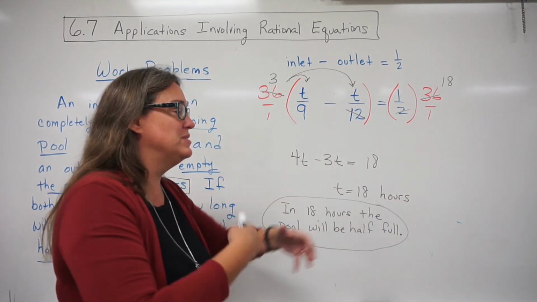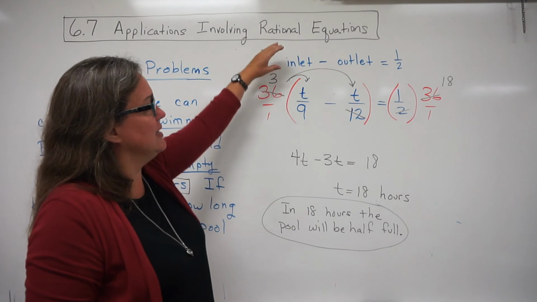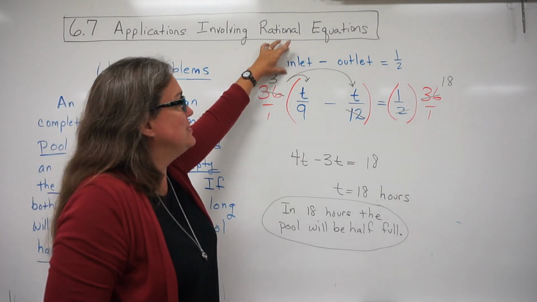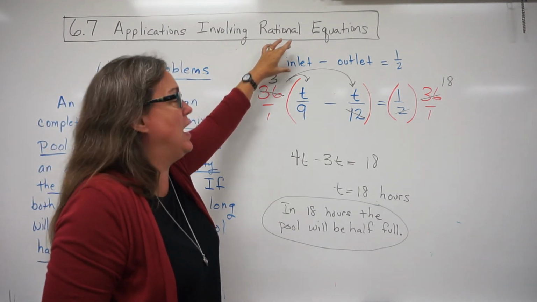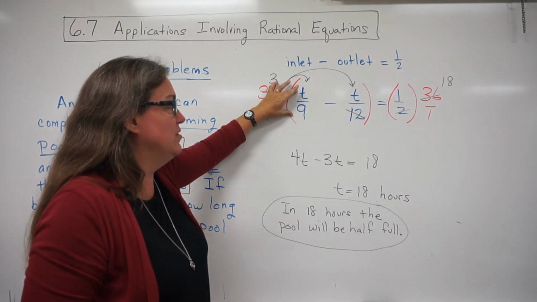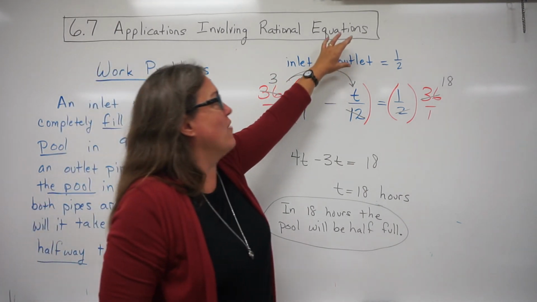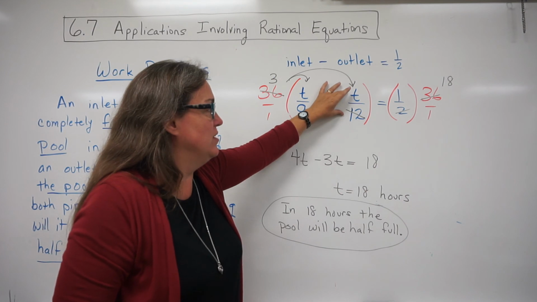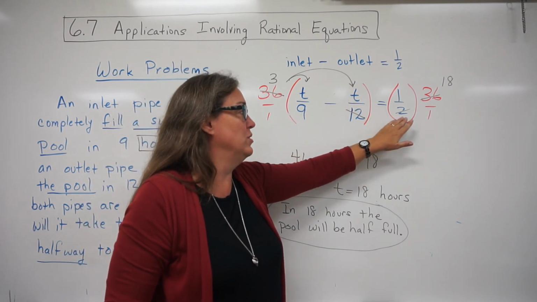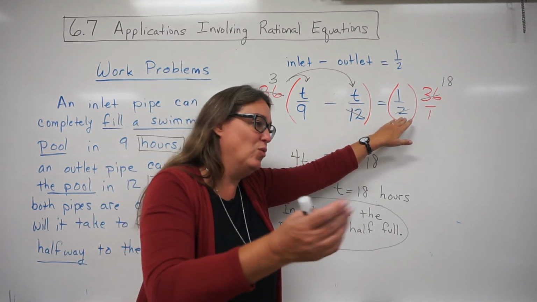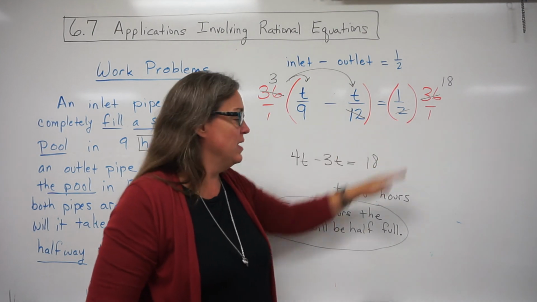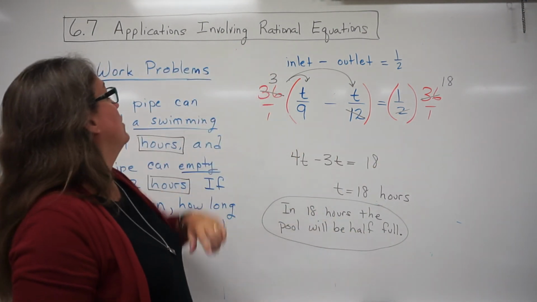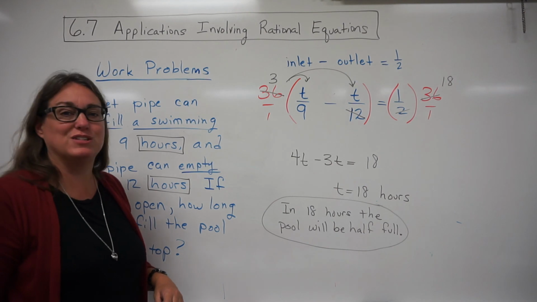So these problems can be changed a little bit, but the basic idea is what percent or what fraction of the job did one object or individual do? What fraction of the job did the other object or individual do? And then that's going to be equal, usually to 1. But maybe you want to do half of the job sometimes. So I hope this helps you as you do your work with applications involving rational equations.